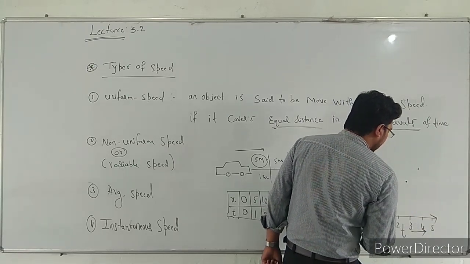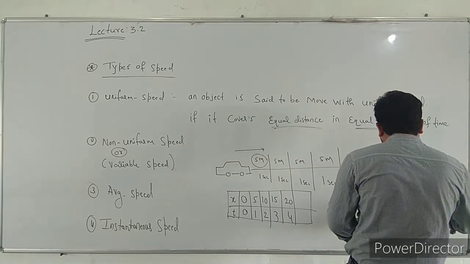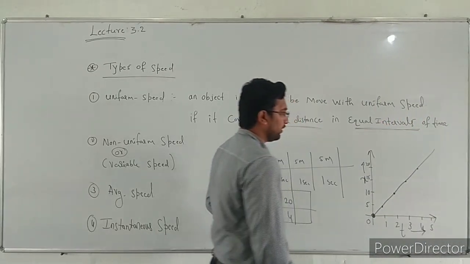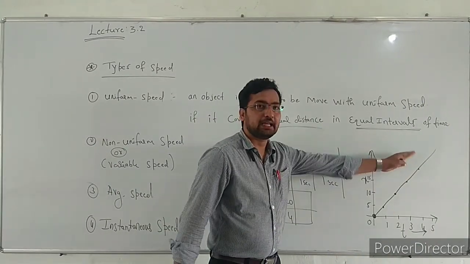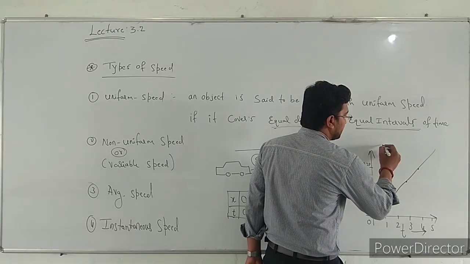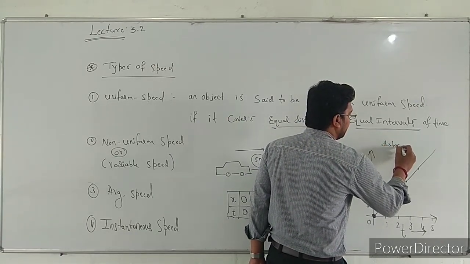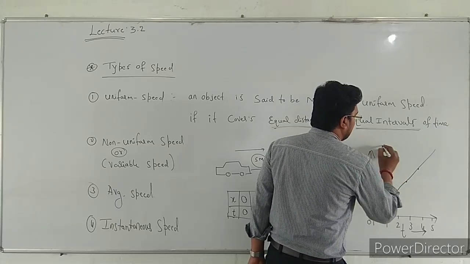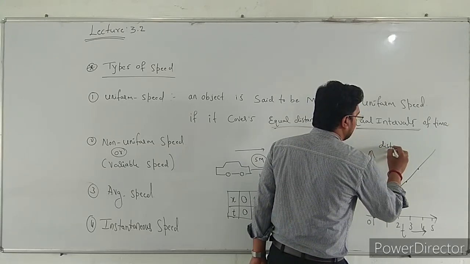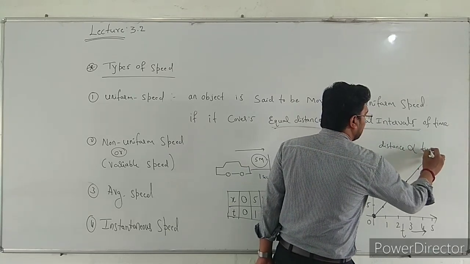So join all these points, and you will get a straight line, right? This indicates that in this case the distance is directly proportional to time.